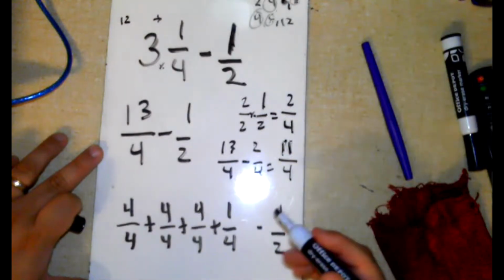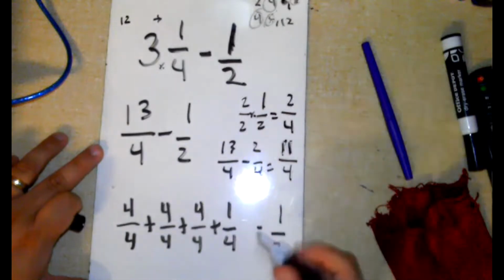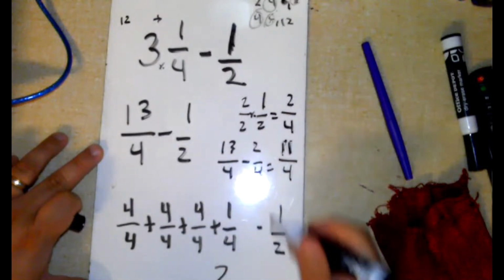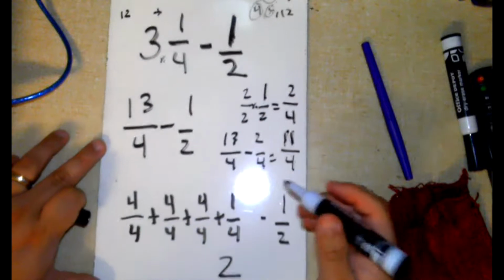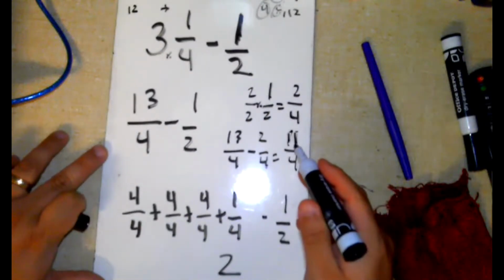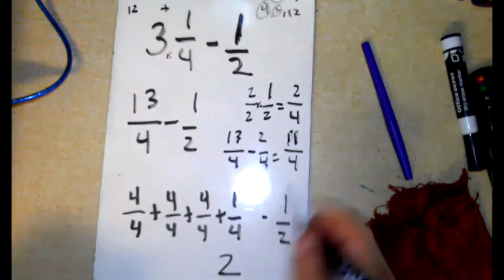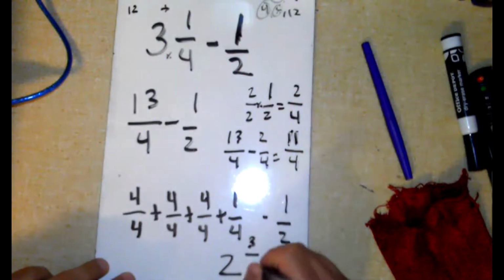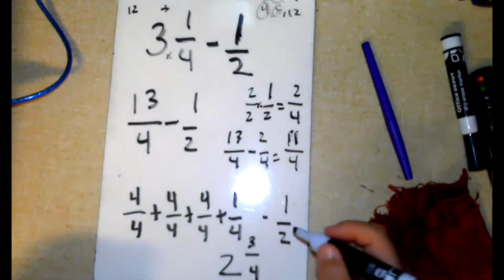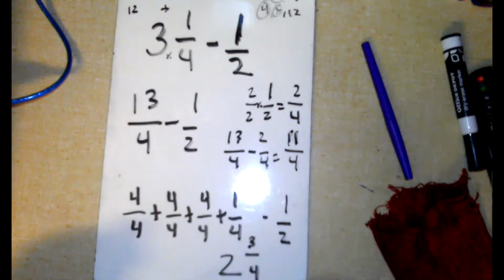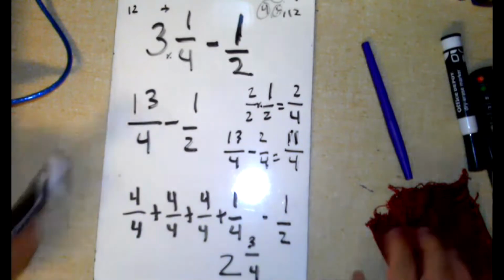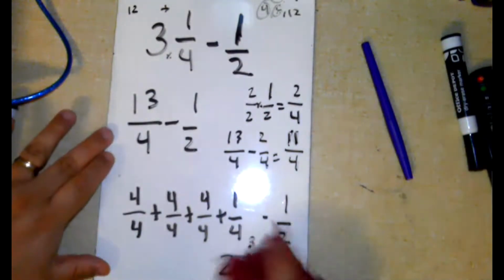Well, that's not 3, it's going to be 2. 2 times 4 is 8. 11 subtract 8 is 3. You keep a remainder. So you got 2 3/4.